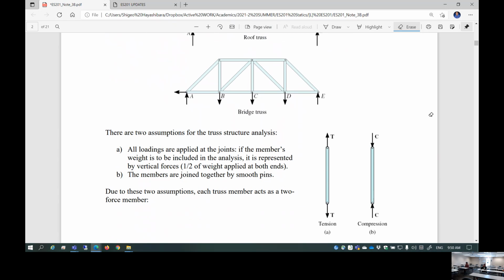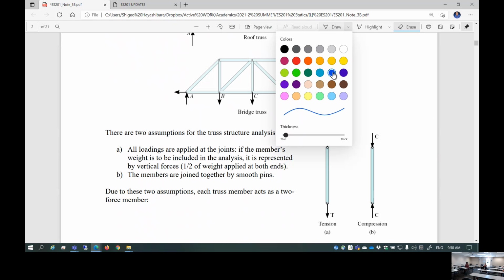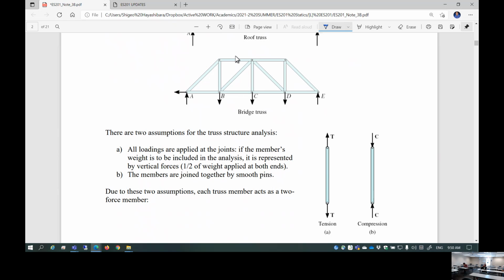So there are two important assumptions. Number one, all loadings are applied at the joints, like I said. So we're not going to allow forces applied in the middle of a member. If a member's weight is to be included in the analysis, it is represented by vertical forces, 1/2 of the weight applied at each end. Number two, the members are joined together by smooth pins.